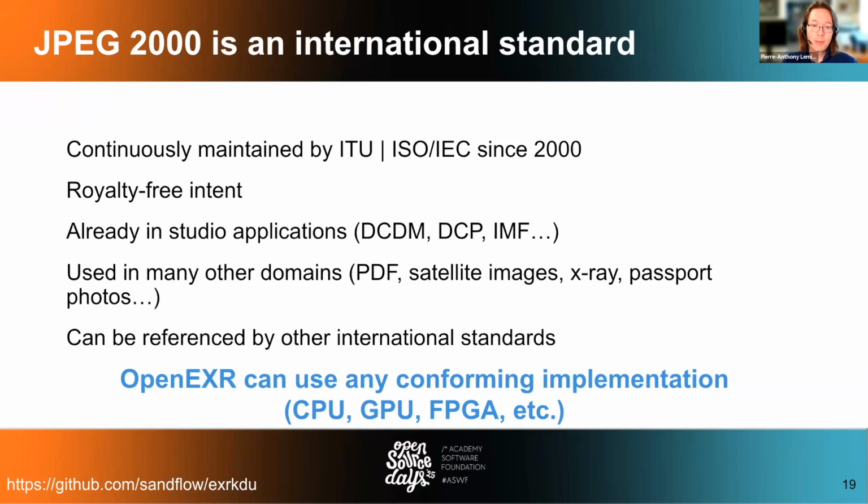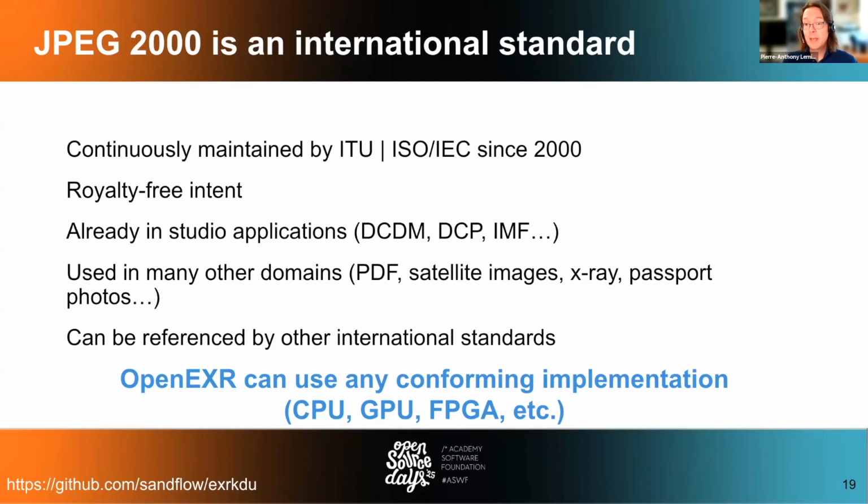One of the cool features is that because it's an international standard, it can be referenced by other international standards. So to the extent that the EXR community ever wants to create an international standard around OpenEXR, JPEG 2000 can be referenced by that standard. The other really neat thing is that because it's a standard and there are so many implementations, supporting JPEG 2000 in OpenEXR is not limited to a single implementation.